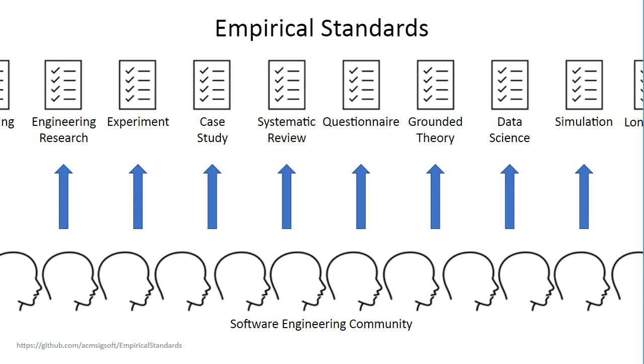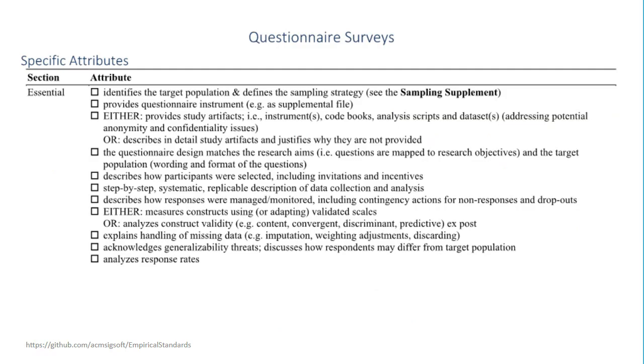Okay, so you're imagining this checklist, and let's hopefully everybody can still see. Let's go back to the questionnaire standard so we can remind ourselves what this checklist looks like. So we've got this checklist, and it says stuff like, step-by-step, systematic, replicable description of data collection and analysis.